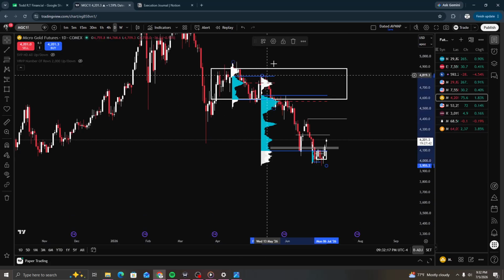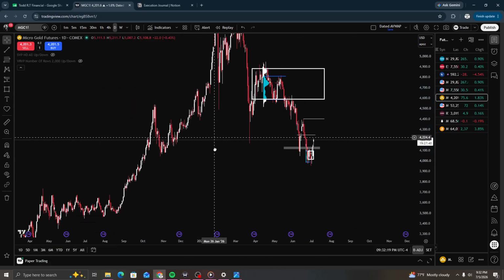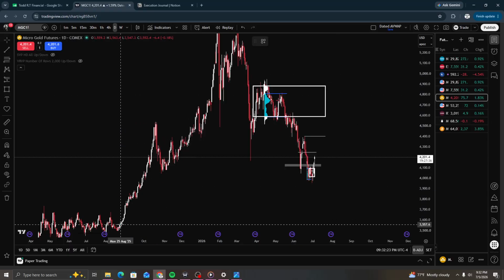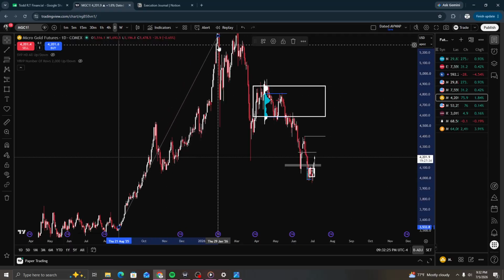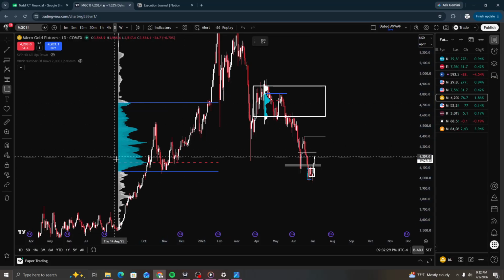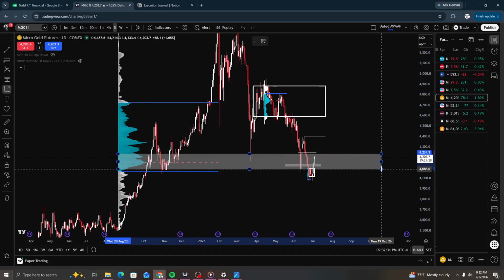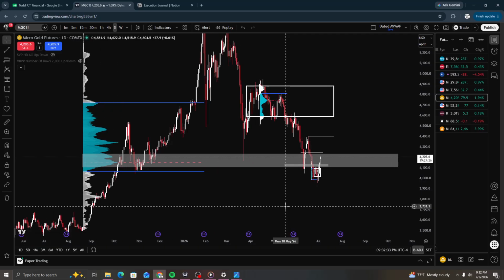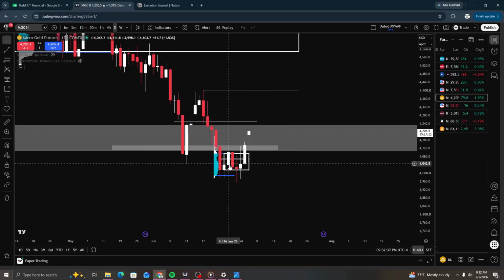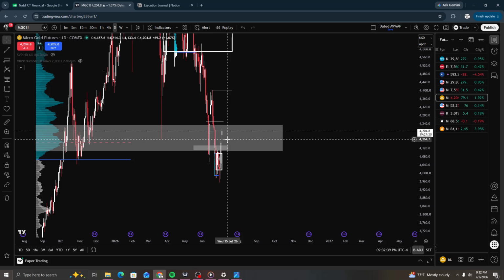And you can see, just like that inefficiency there, if we were to draw from here to here, look at all of this value here. The most prominent point was in this area right here, okay? So from here, we're looking for a way to trade back up into that area.